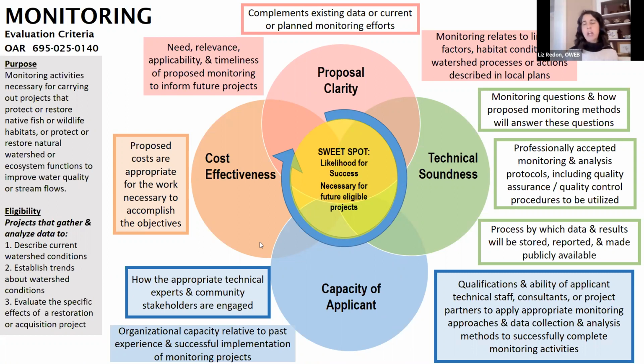Generally, we do send out an announcement through our GovDelivery about 3 months prior to a deadline. So as soon as you see that GovDelivery announcement saying that applications are open and you are able to go in and apply, that's a good time to start contacting OWEB staff. We're always happy to help you out, brainstorm, and also just review applications to give some feedback on them. So with that, I'll turn it back to you, Ken.